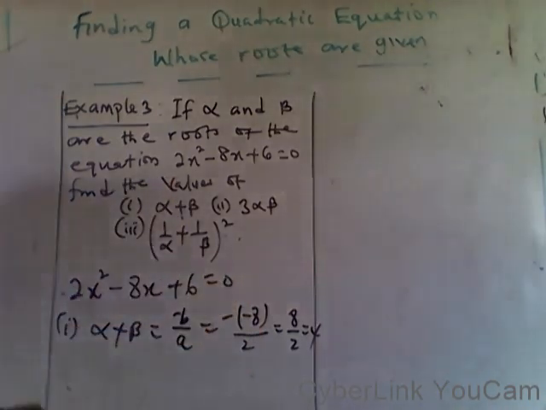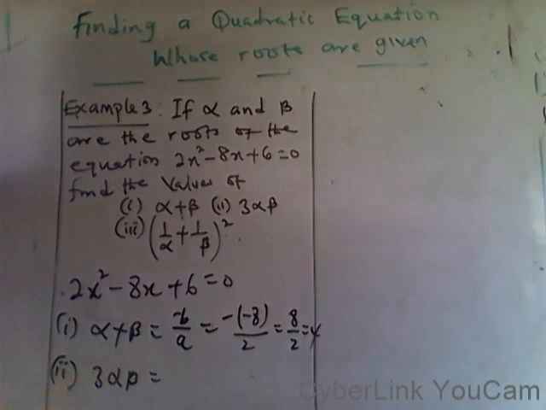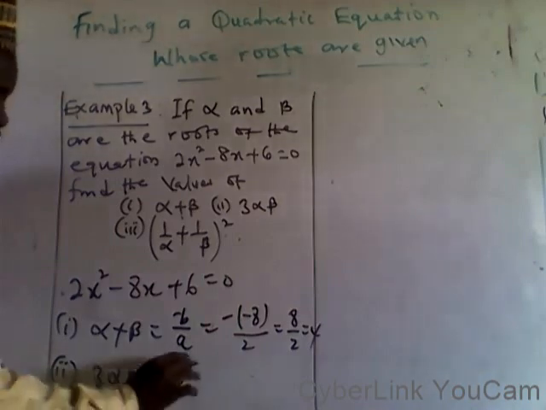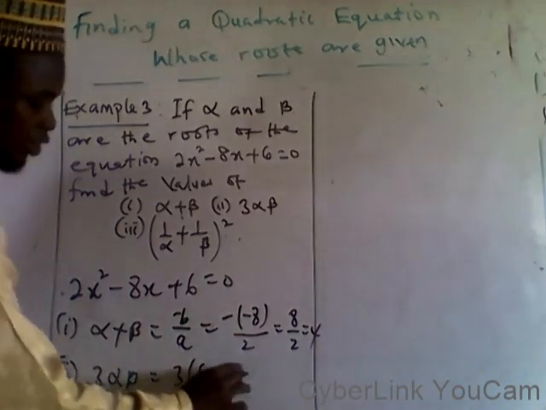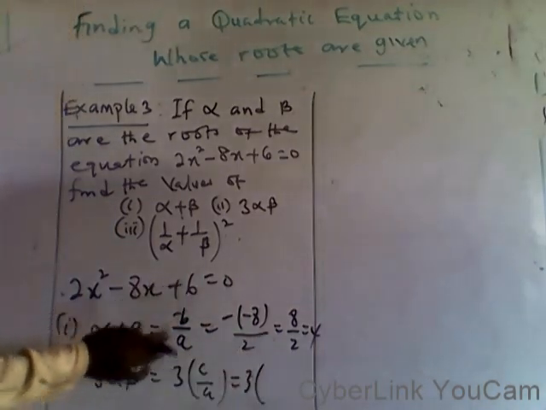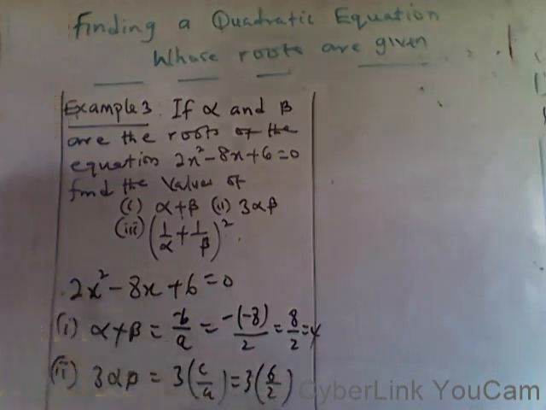The second one, you have to find 3 alpha beta. Alpha beta is c over a, so 3 into bracket c over a. Your c is 6 and your a is 2.